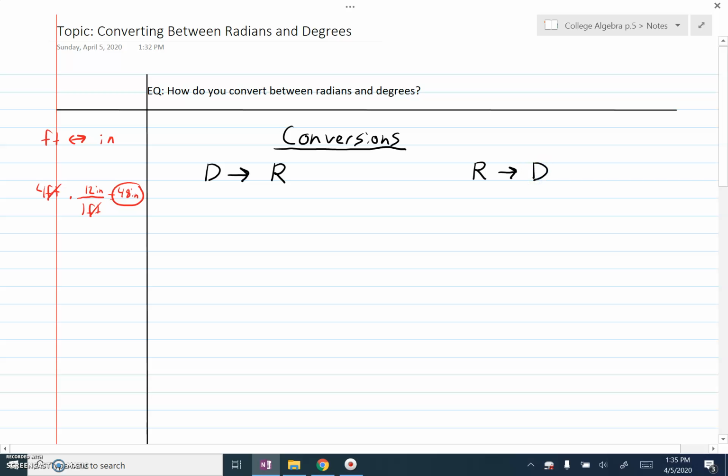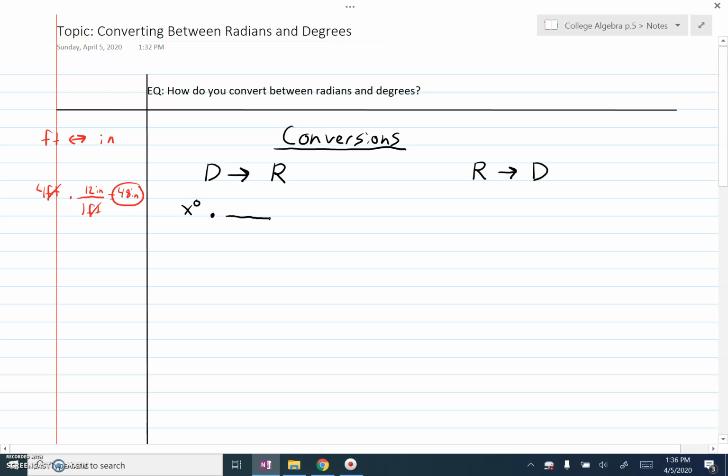So the first one, if I'm starting with degrees, I'm starting with some angle in degrees. You are going to multiply it by a conversion factor, just like we did here, where we knew there were 12 inches in a foot. Any conversion factor you have, you can use that. And we're using that because the feet here will cancel the feet on top. So if I'm looking at this, I know this is degrees, which means I have to have degrees in the bottom.